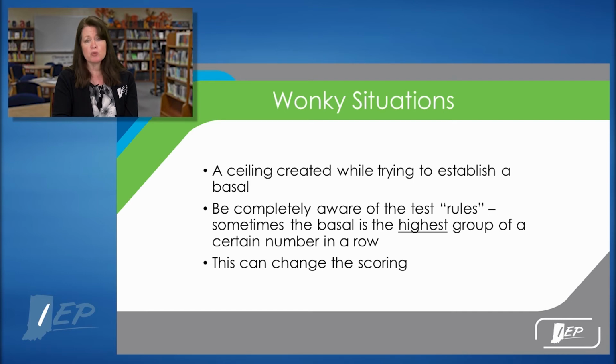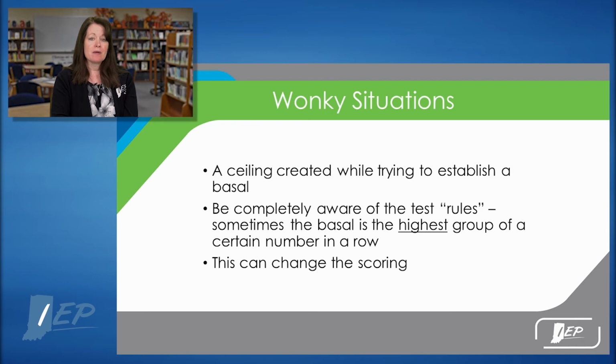It makes for a super short subtest administration, but obviously we want students to do as well as they can and for us to get good information on the test as well. So again, be very aware of the differences in some of the test rules, because sometimes the basal is the highest group of a certain number correct in a row.